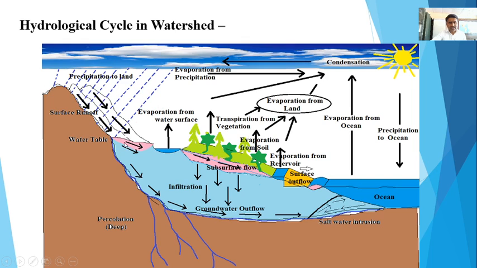The hydrological cycle is nothing but one complete process, a complete cycle, which starts from precipitation and ends with precipitation again. In between there are many processes which occur meanwhile, and thus there is a completion of the hydrological cycle.